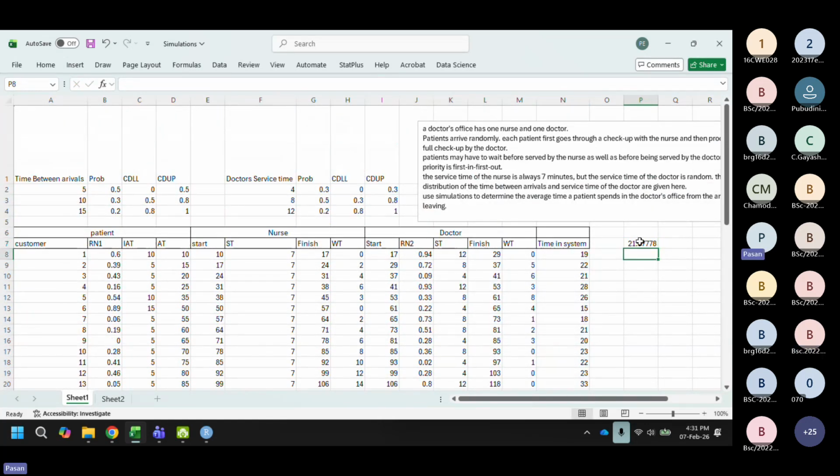You can see that the average time they're spending in the system, out of 45 customers here, is 21.3 minutes. So once the patient enters, before leaving after meeting the doctor, they have to spend 21.3 minutes on average.